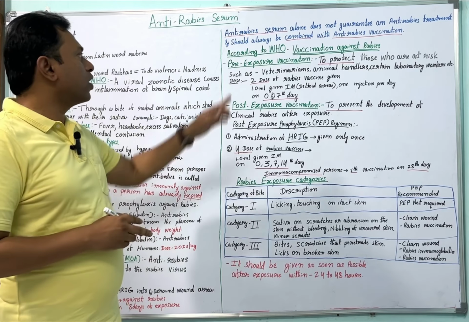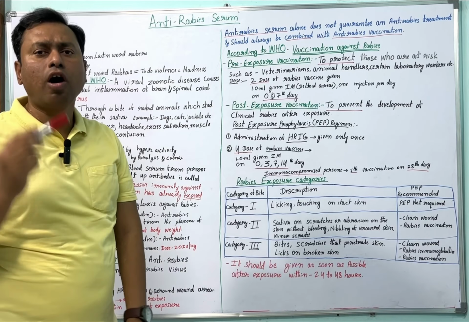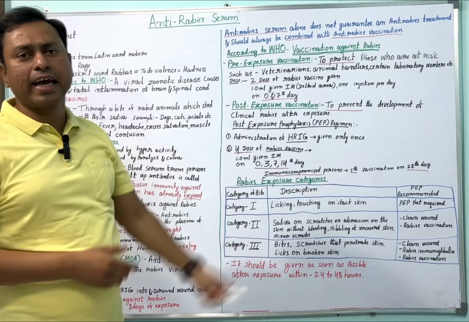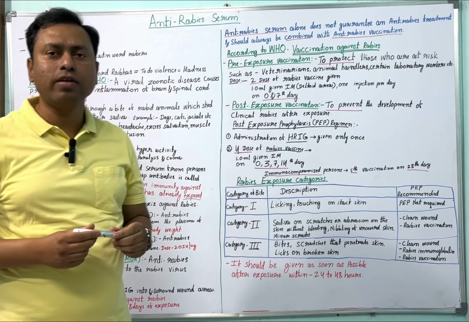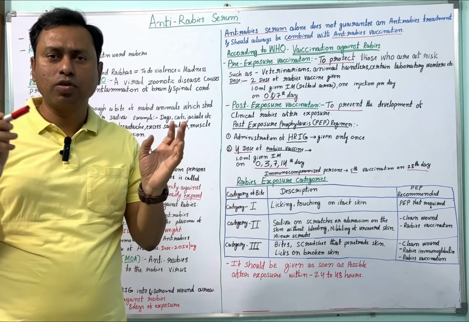Now, according to WHO, how do we give the vaccination against rabies? The vaccination is mainly categorized into two types: the pre-exposure vaccine and the post-exposure vaccine. Pre-exposure vaccine means there is no exposure, no dog bite.